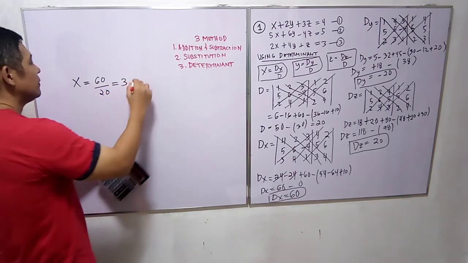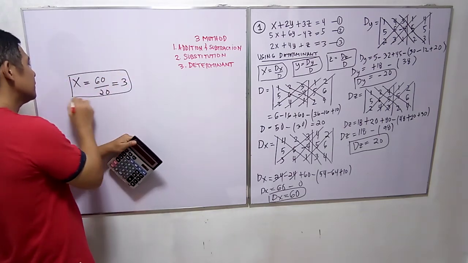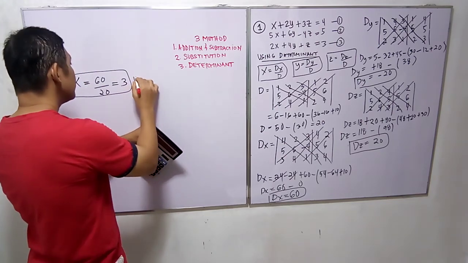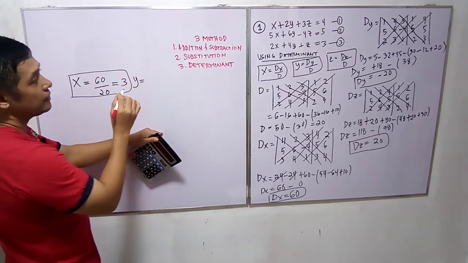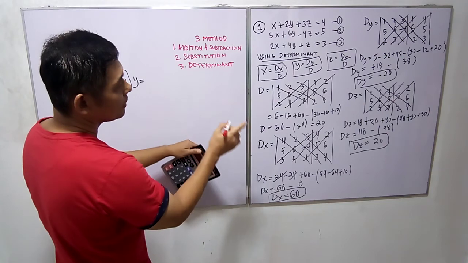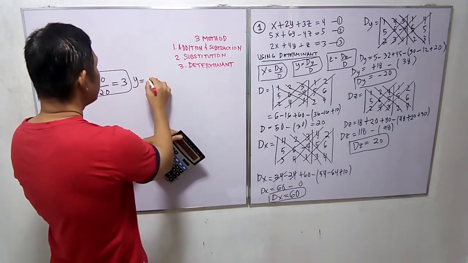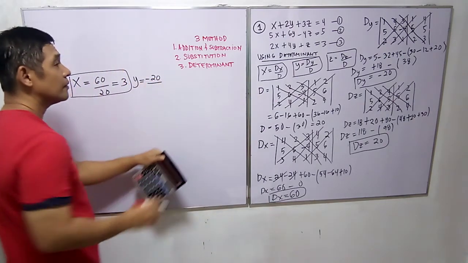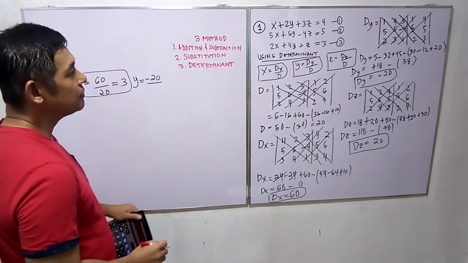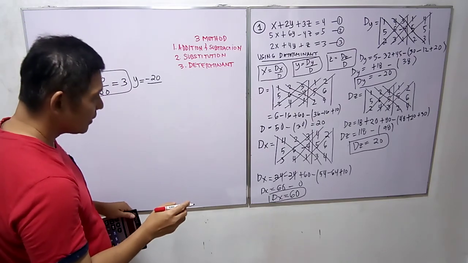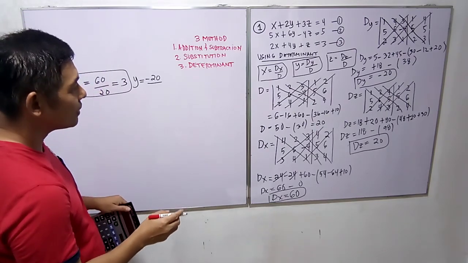So, X is 3. Okay naman na yung Y is dy over d. What is dy? Negative 20. And d is always 20.